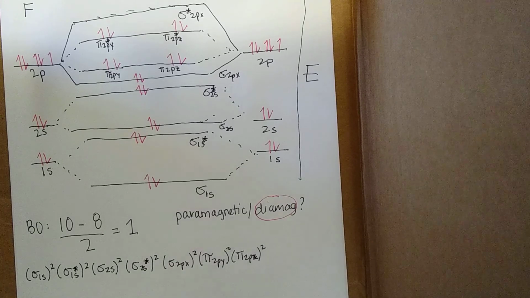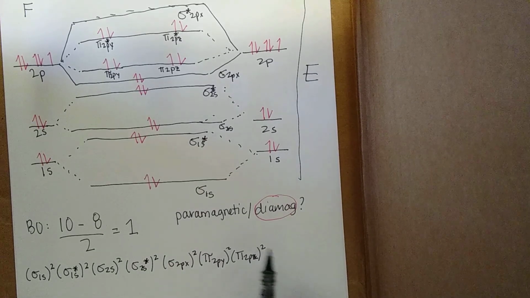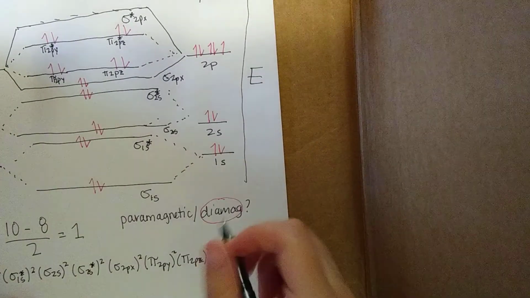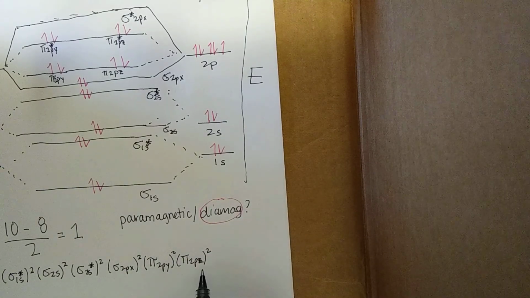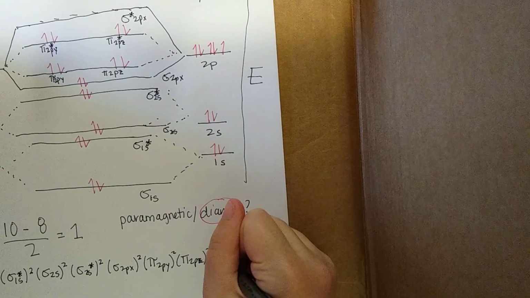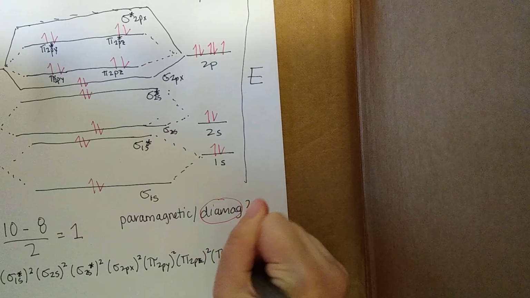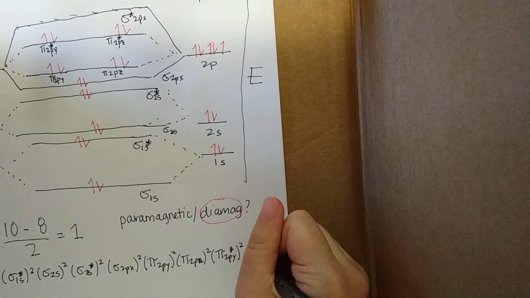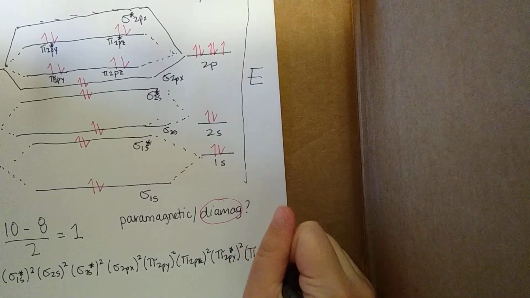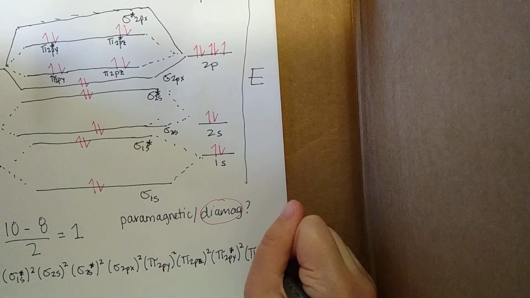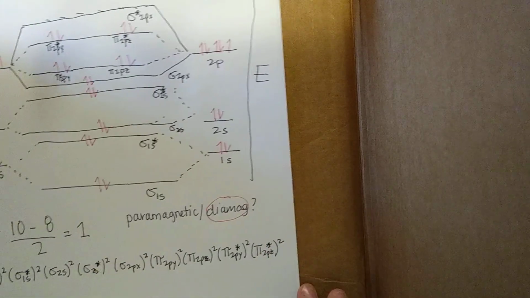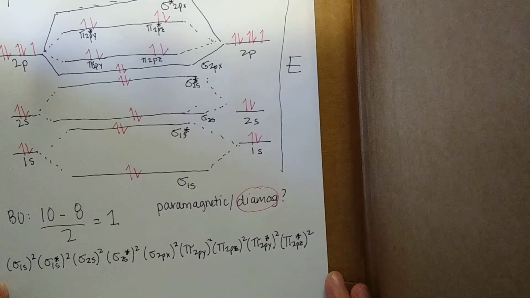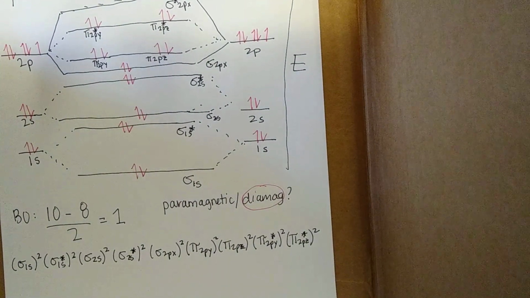Once again, these have the same energy, so it doesn't really matter what order you write them in. Similar story for the anti-bonding orbitals, but the bonding ones have to be lower than the anti-bonding. So this is pi 2py star, which has 2, and then finally pi 2pz star, which has the remaining 2. So this very long ugly thing here is the electron configuration.